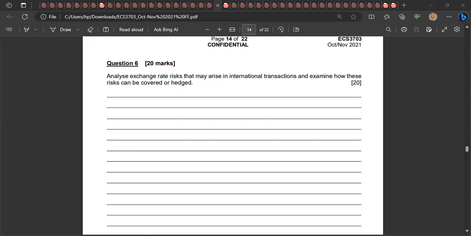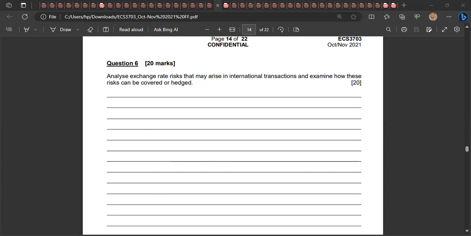So basically, you start off with these kind of questions by giving an overview of what exchange rate risks are, which we normally refer to as foreign currency risks, currency risks, or foreign exchange risks. You want to explain how they arise.